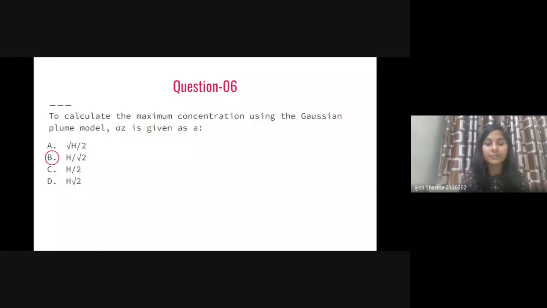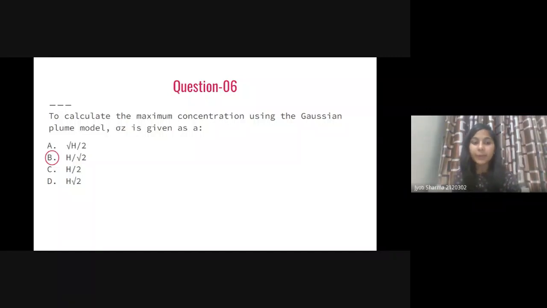The answer is obviously B, and we have already cleared up this standard deviation in the vertical direction. Then if we want to calculate the maximum concentration, you have to consider that because it is normally distributed, at some mean point or center point you will have the maximum value.